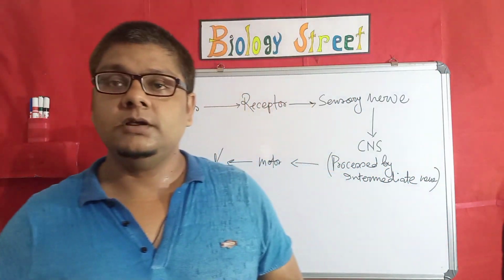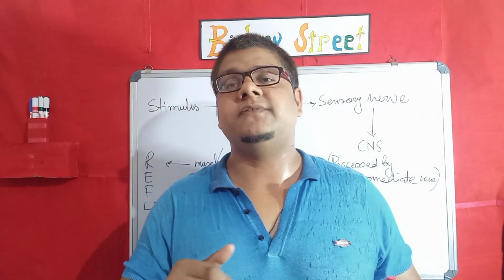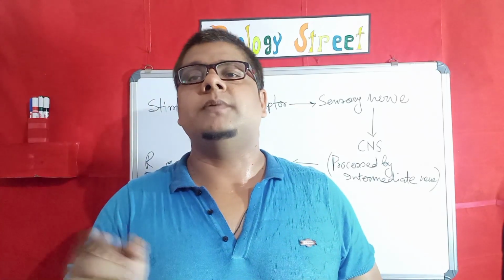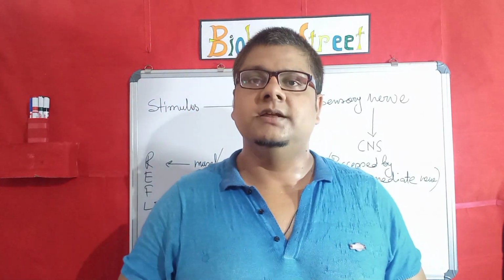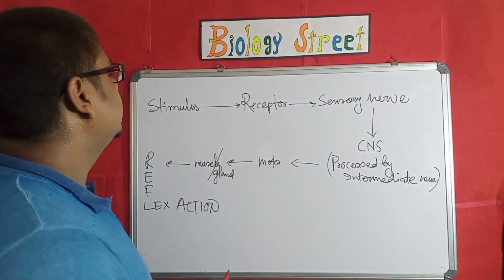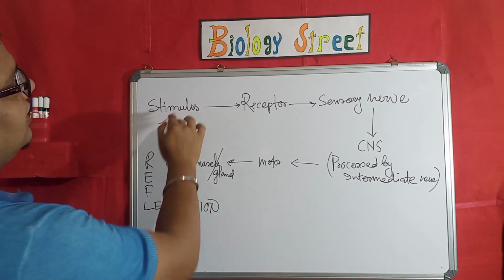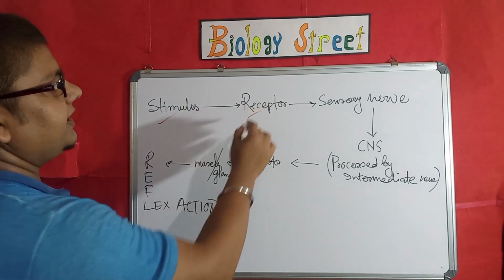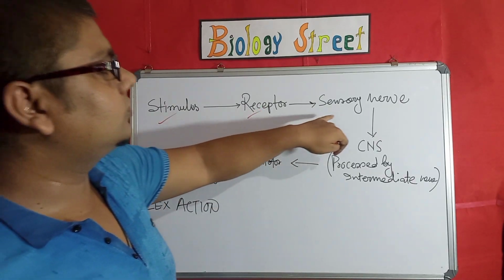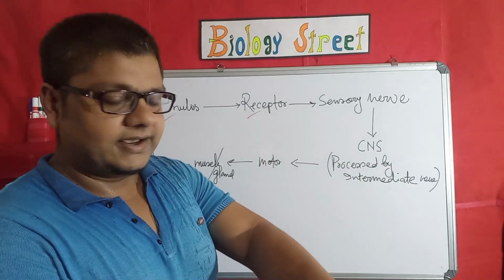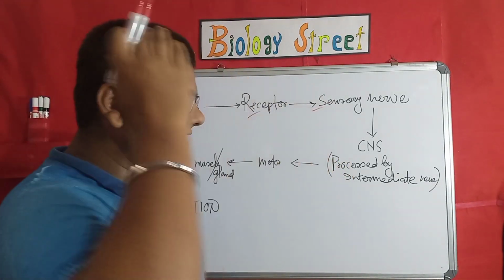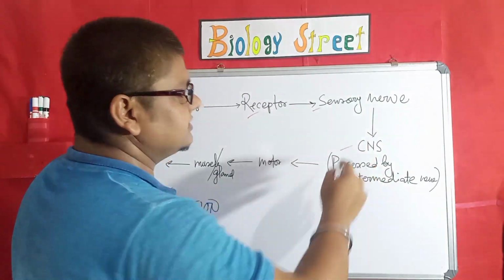Now, the way through which this reflex action takes place is termed the reflex arc, or the pathway of reflex action. This is like this. First of all, a stimulus acts on something and our receptor cell receives it. Okay, this receptor cell, with the help of a sensory nerve, will send this message to our central nervous system.